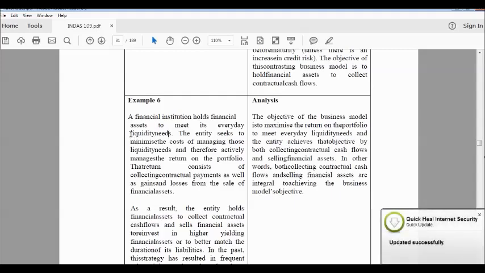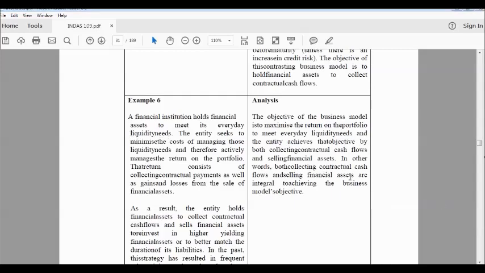The entity seeks to minimize the cost of managing those liquidity needs and therefore actively manages the return on the portfolio. That return consists of collecting contractual cash flow as well as gain or loss from the sale of financial assets. So now you can see you have the two motives: collect the contractual cash flow as well as the gain or loss from the sale of the financial asset.